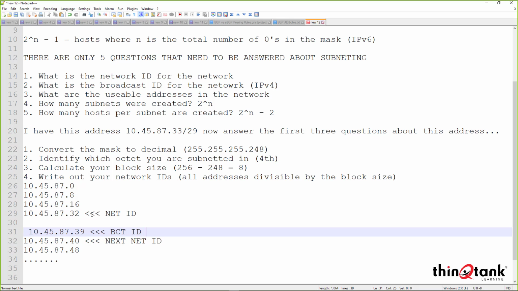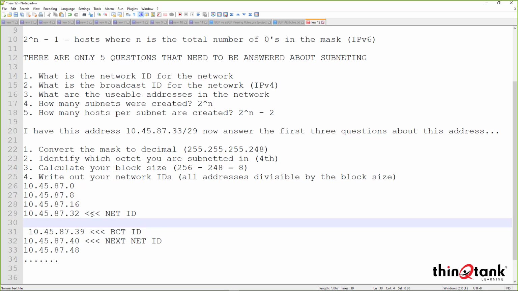If I know the network ID and I know the broadcast ID, then I also know the host range, because it's everything in between, which is 33 through 38.